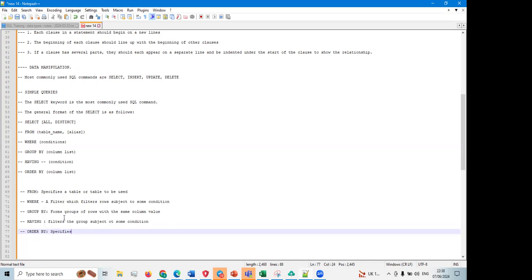How do you want it to come out? A common example is, do you want it to come out in ascending order, descending order, decreasing, things like that, right?